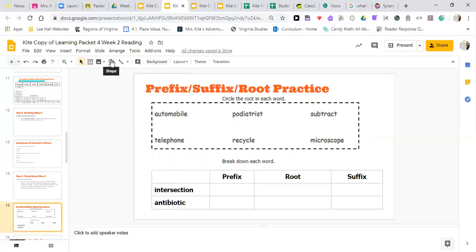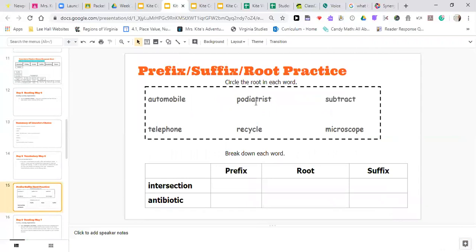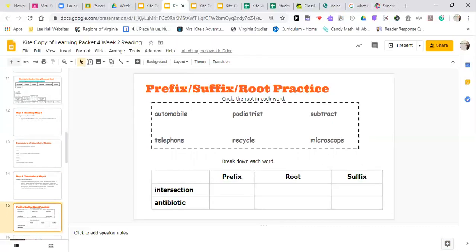But it's got a suffix in it that we haven't really worked with before. So we're going to talk about that suffix really quick. The suffix in podiatrist is iatrist, iatrist. Iatrist means to heal or healer. Pod is going to be our root.